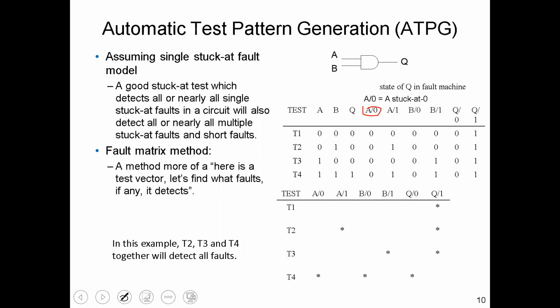If A is stuck at 0, this is the AND gate, so Q will be always 0. So the output Q that you observe is always 0, no matter what test vector you apply to the input.